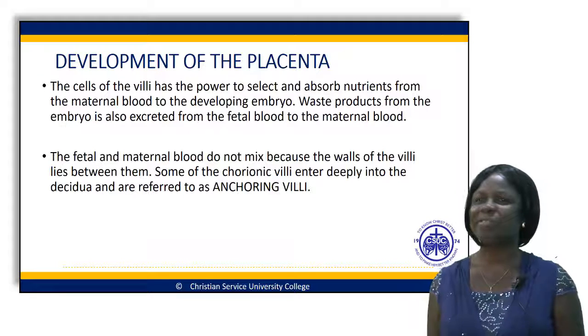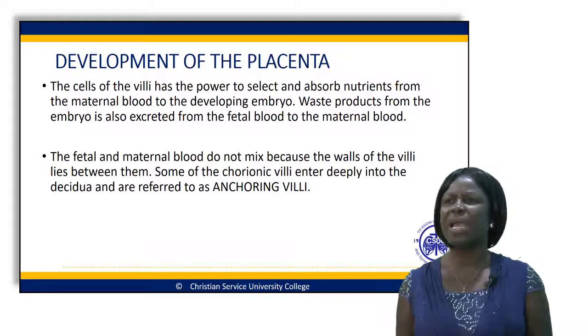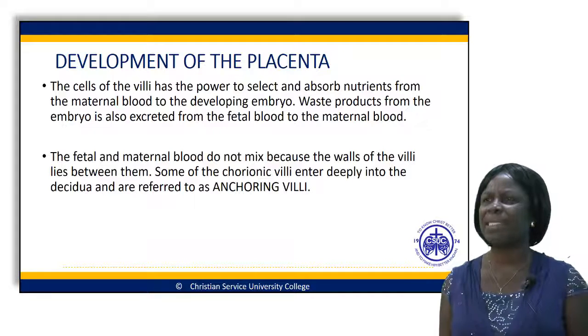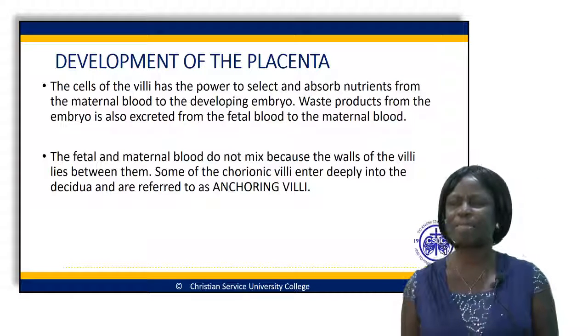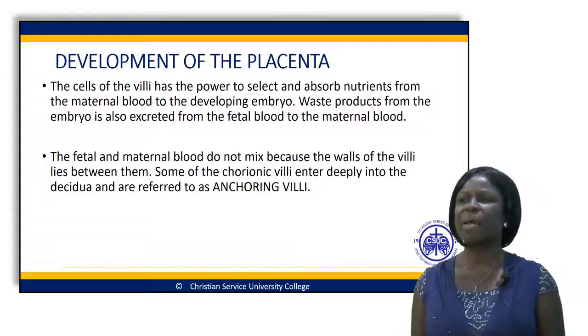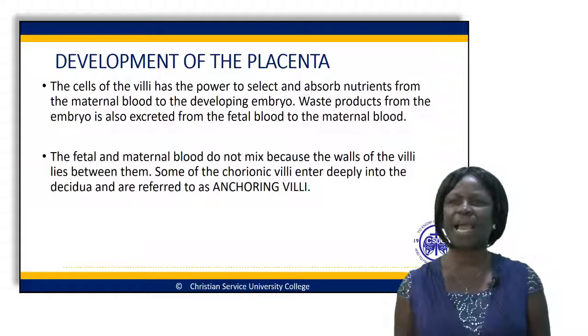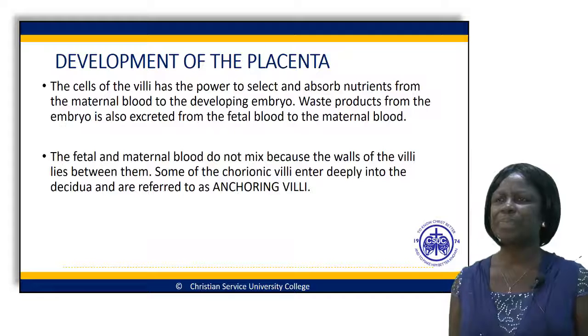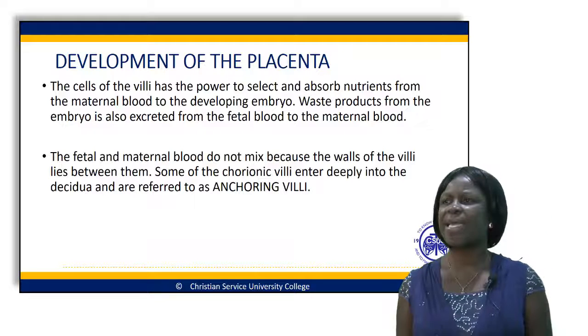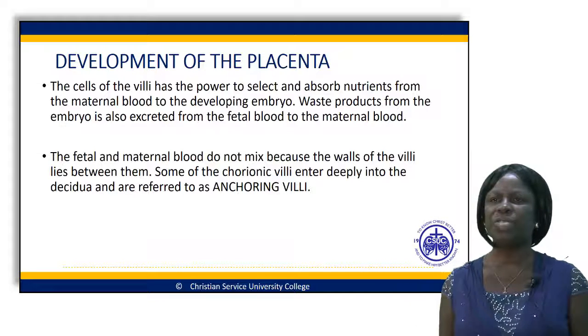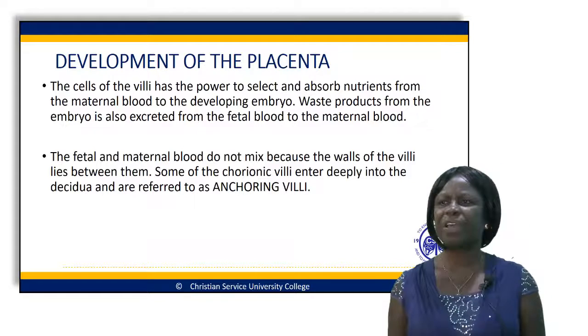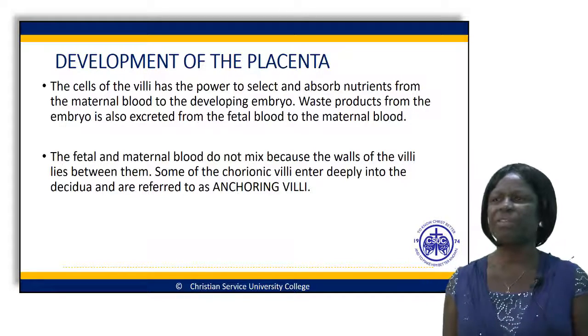Waste products from the embryo are also excreted from the fetal blood to the maternal blood. The fetal and maternal blood do not mix because the walls of the villi lie between them. Some of the chorionic villi enter deeply into the decidua and are referred to as anchoring villi.